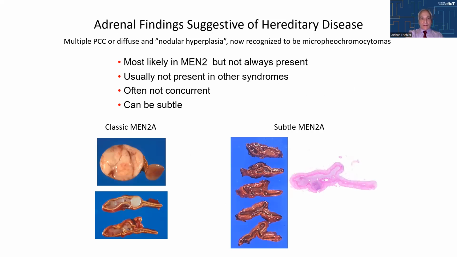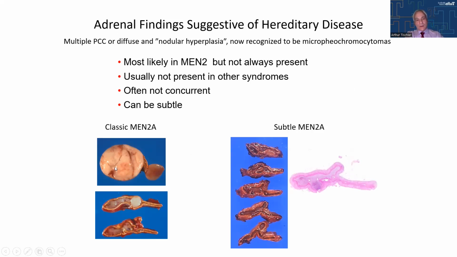Additional findings, however, are that multiple tumors in the adrenal are almost always characteristic of MEN2, but even in MEN2 are not always present, usually not present in other syndromes, often not concurrent, and can be subtle.